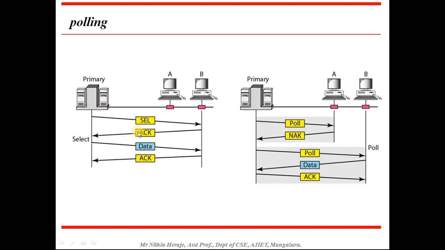On receiving the acknowledgement from B, stating that it is ready to accept the data, the primary station will send the data frames.